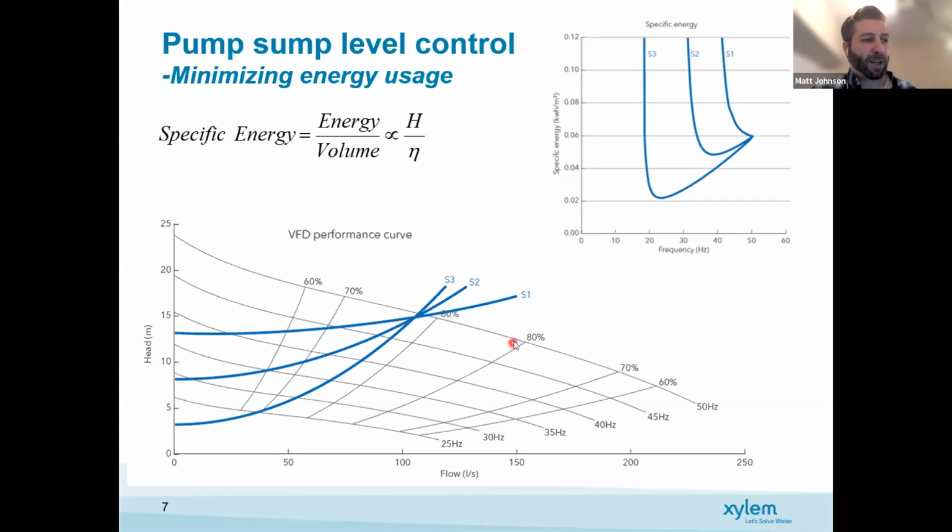And here's a couple curves similar to what Sean showed, but we'll relate that to specific energy. Now we have a single pump curve here shown with variable frequency options. And then there are 3 different system curves. Each system curve has a different slope to it. S1 here would be similar to the water tower application, where you are lifting that water up a certain height.